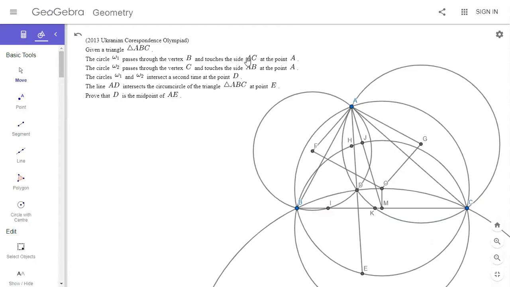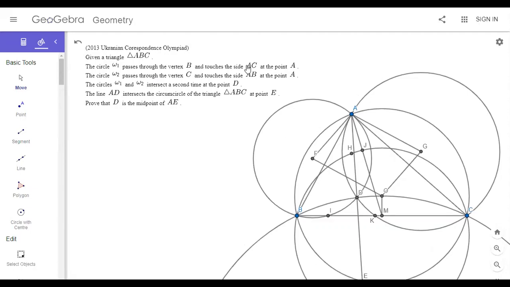It's fine. So FAB is 90 minus A. So AFO is angle A. So then we can find angle BDA.